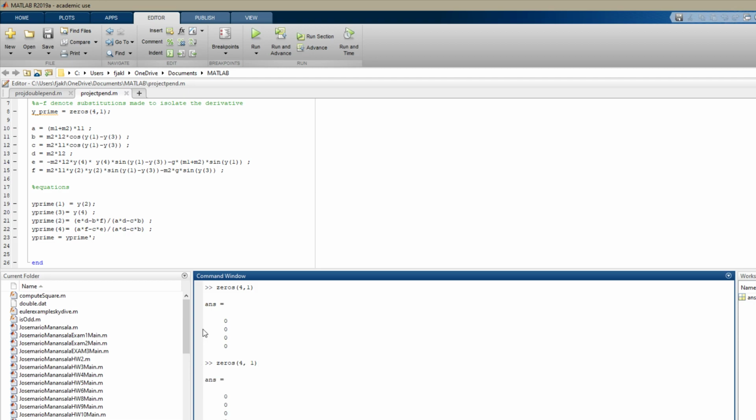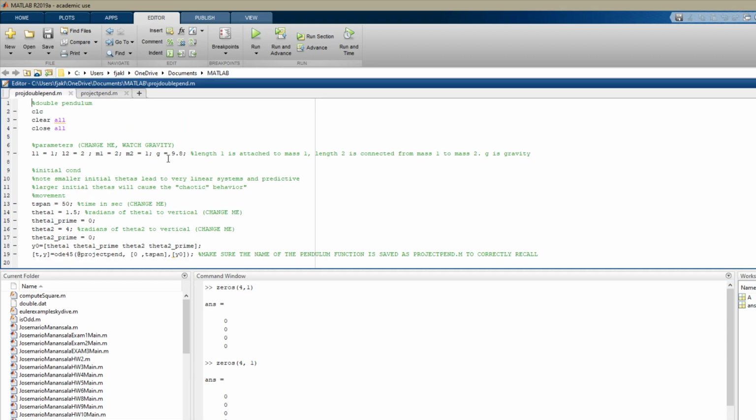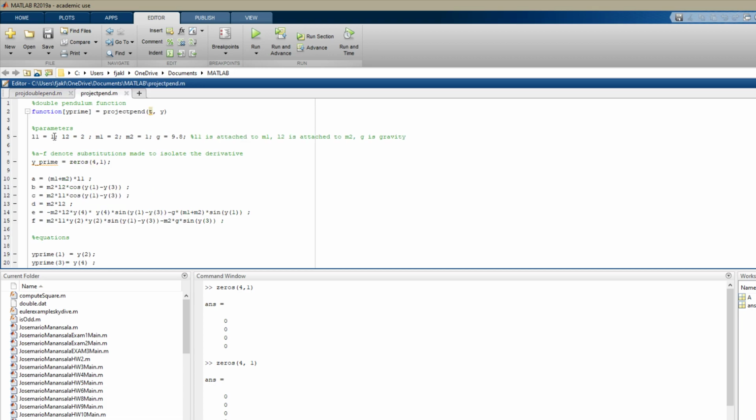For example, if a is equal to zeros for 1 and then we do a apostrophe, it just flips it from vertical to horizontal. Neat little thing, and it's the end. That's the only function. What's important here is the actual project. So we have some basic clears and more parameters. We reiterate the parameters because they are used in both.